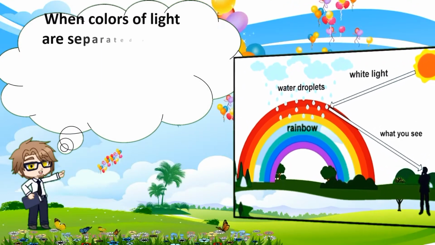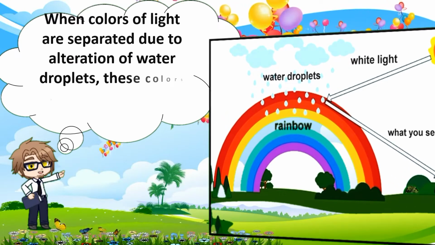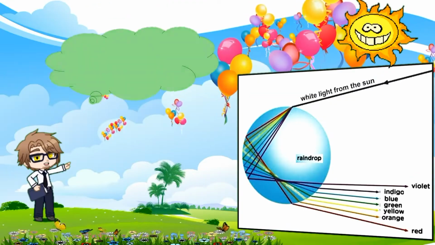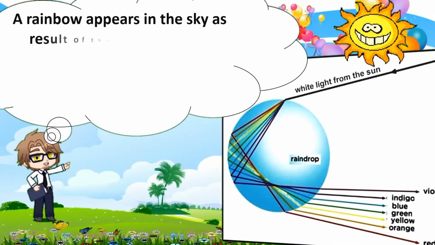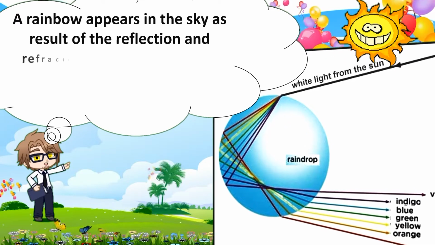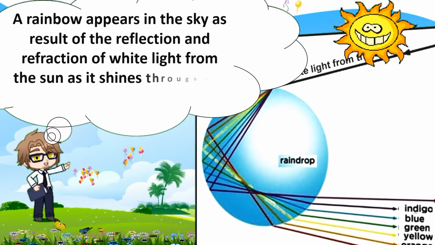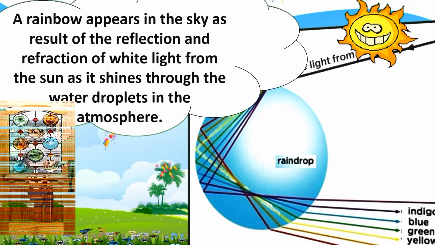When colors of light are separated due to refraction of water droplets, these colors are very visible in a rainbow. A rainbow appears in the sky as a result of the reflection and refraction of white light from the sun as it shines through the water droplets in the atmosphere.